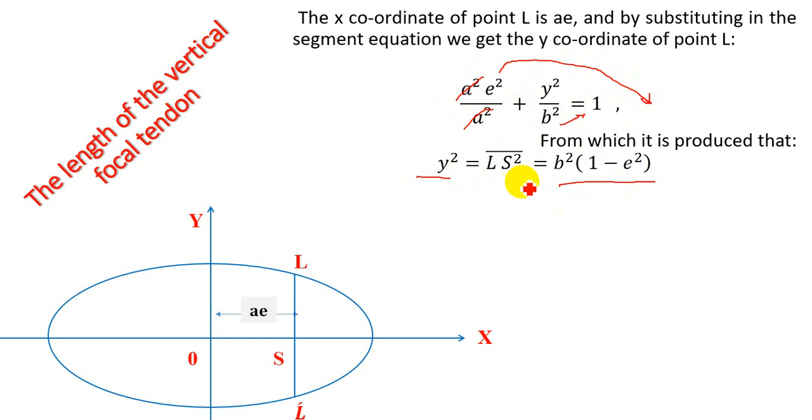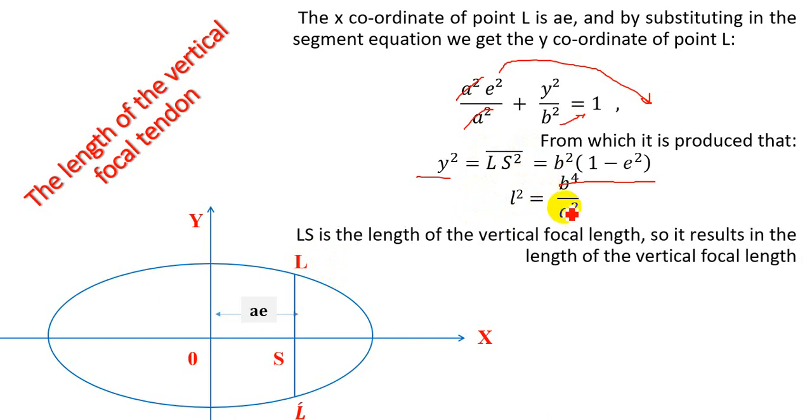At the same time, that means we have L as the mean of L squared. So L squared here will be equal to b to the fourth over a squared. How can we get this one?